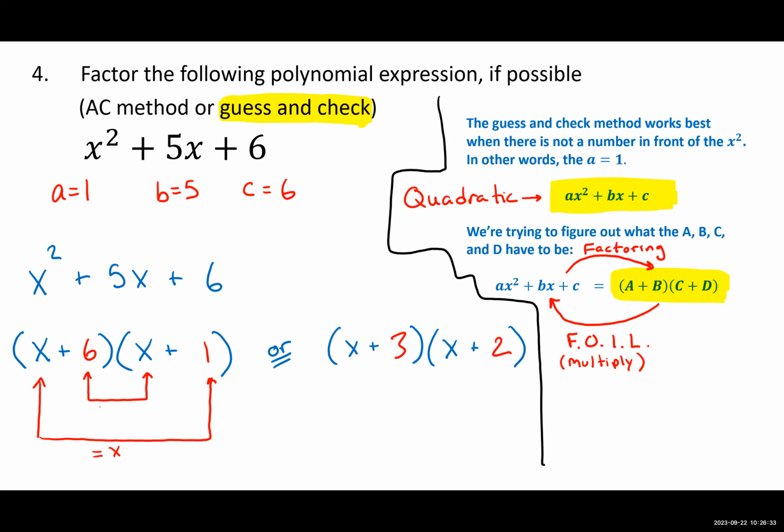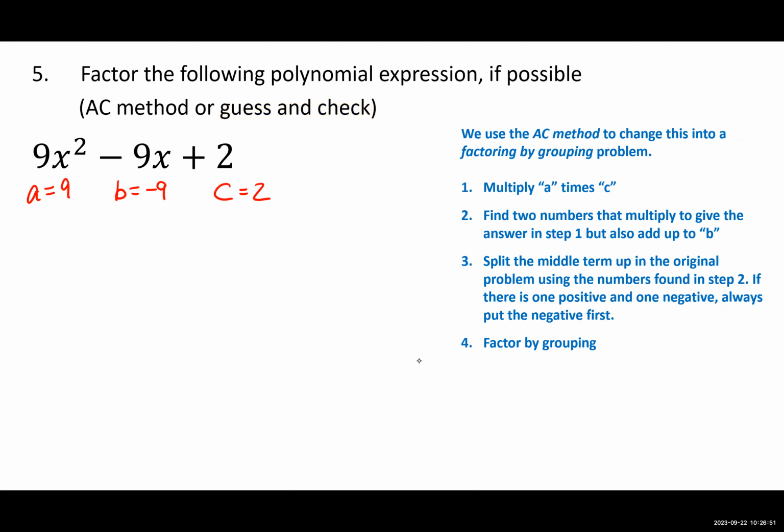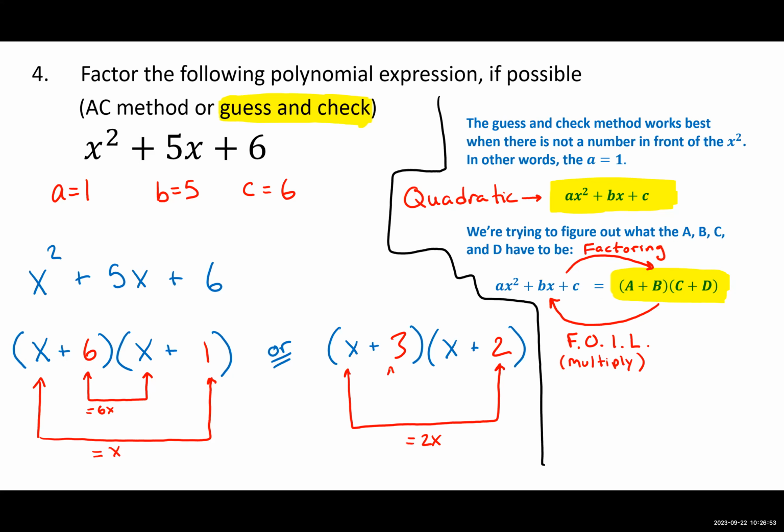Inner times inner is 6 times x, which is 6x. In the other option, if we do outer times outer, that's a 2x. And inner times inner, 3 times x, that's a 3x.